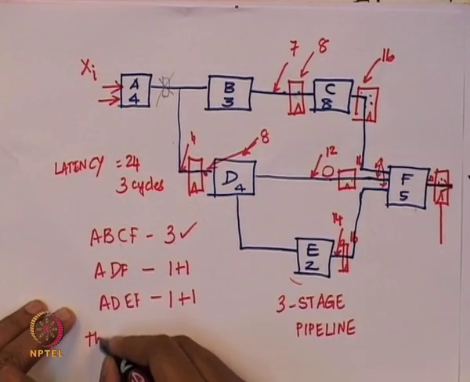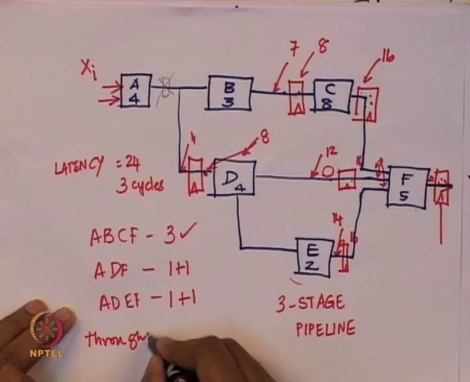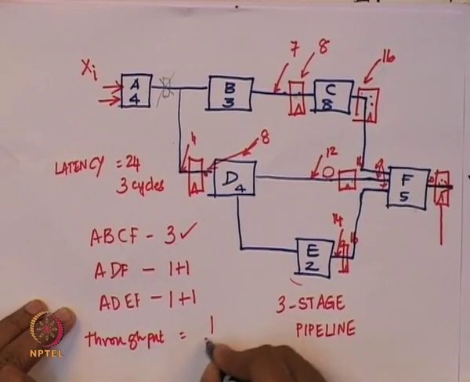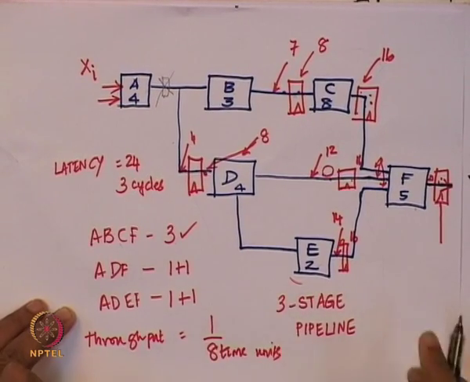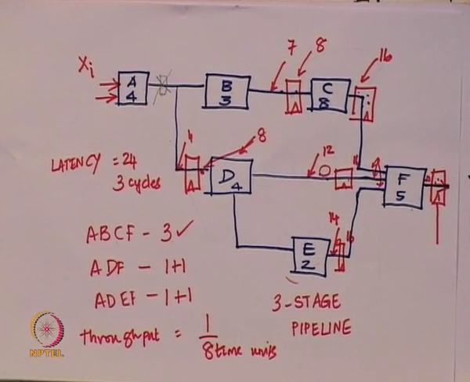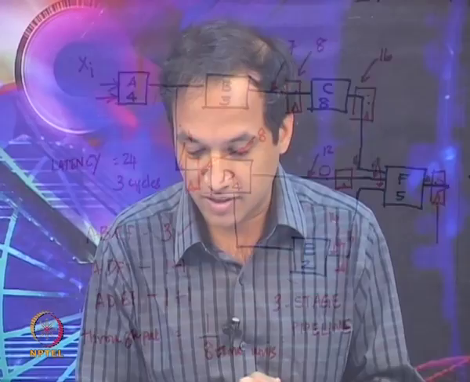So, the throughput that you can get from the system is 1 over 8 time units. If this is all nanoseconds, then 1 over 8 nanoseconds is the throughput. So, you can process so many inputs in every nanosecond, that is the meaning of this.